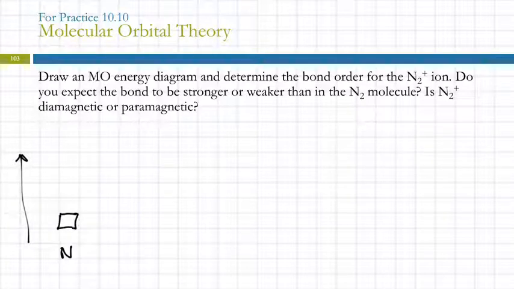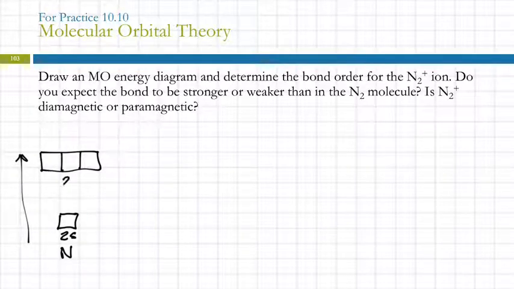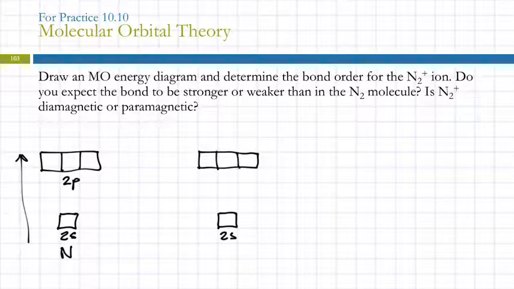So we've got 2s and 2p, and then over here we have another nitrogen atom with 2s and 2p.